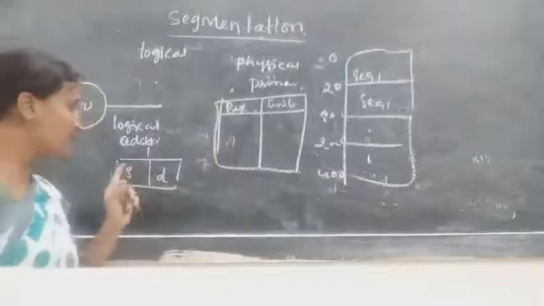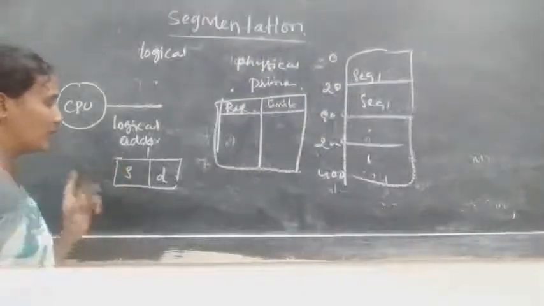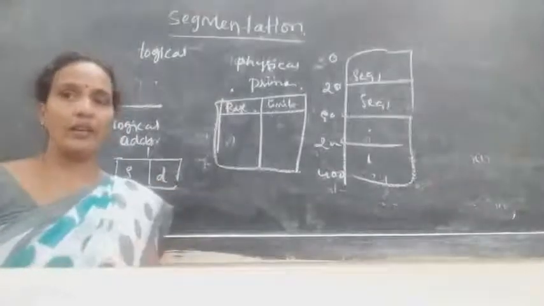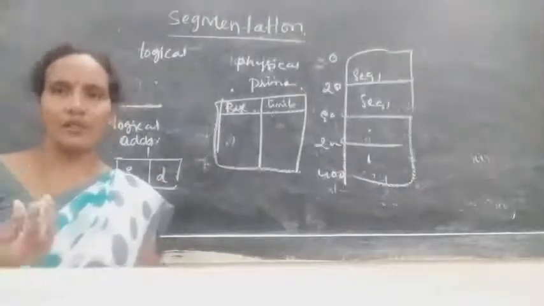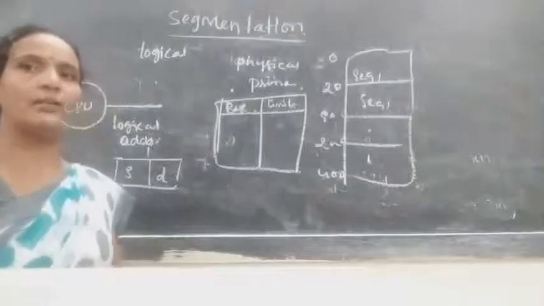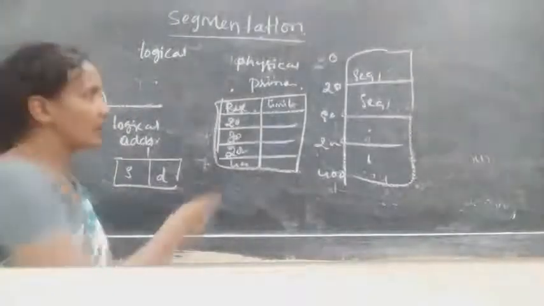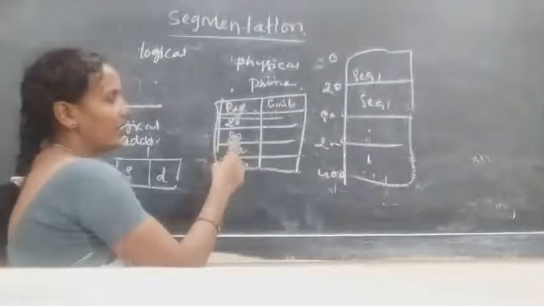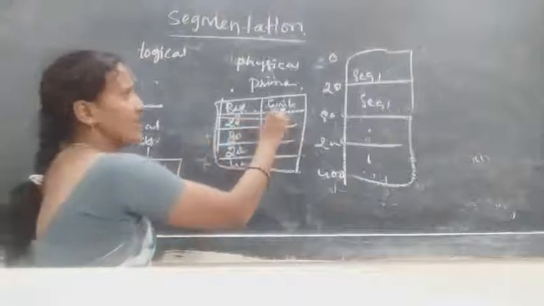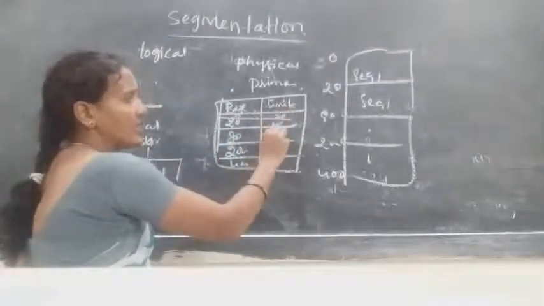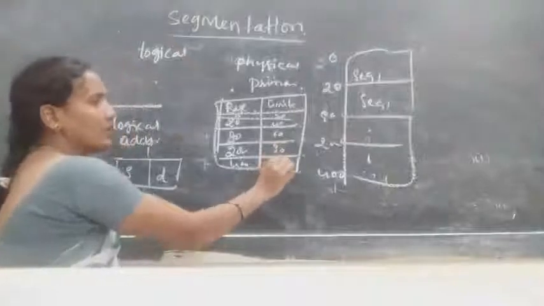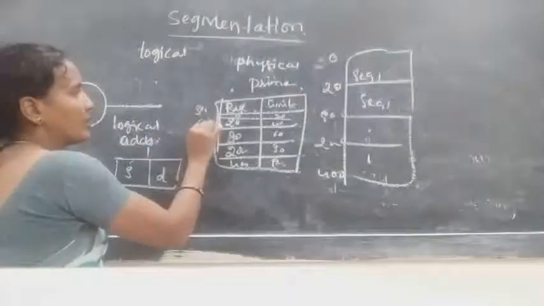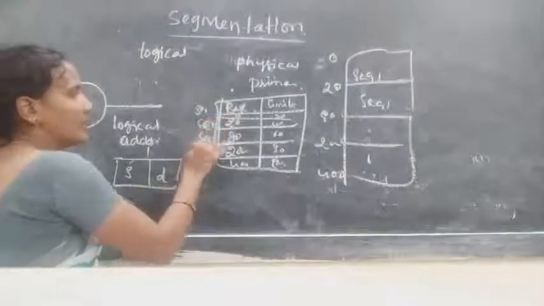Next, here it wants to read segment 1, and from that segment 1 it wants to read only part of the content. You can see the base addresses are 0, 20, 80, 200 like this, and the limits are 20, 40, 60, 80, 100 for example.